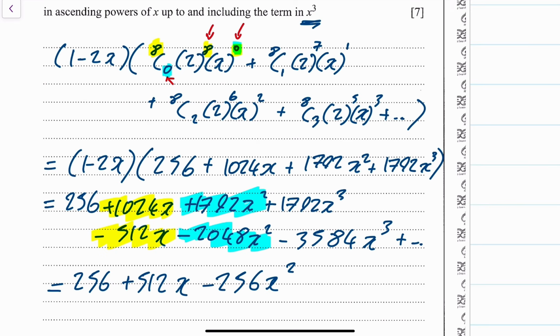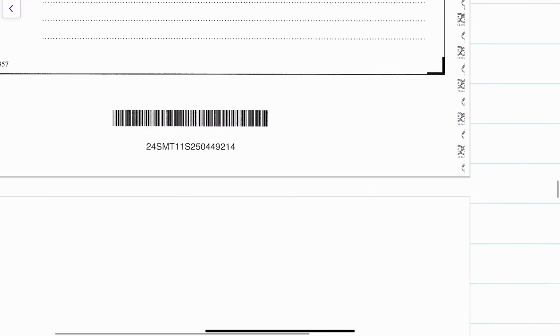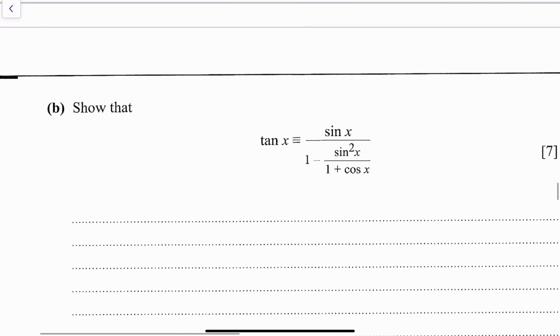And then my cubic ones, I've got 1792 minus 3548, which is minus 1792 x cubed. Okay, so that was those last pair for that one. Okay, hopefully that's right. Next one, lovely proof here.